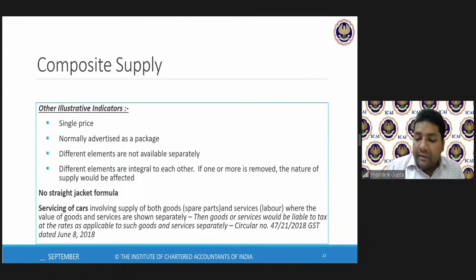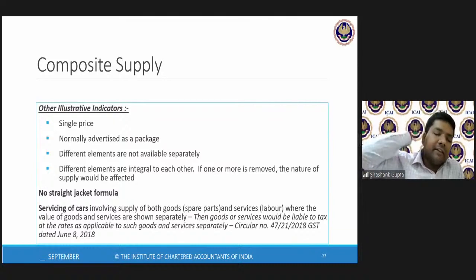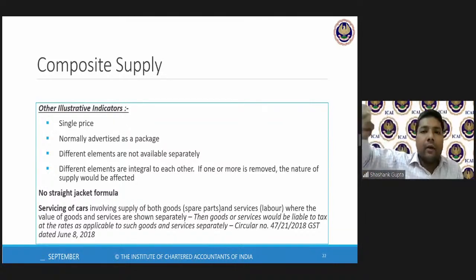Now, when you send this car for servicing, they'll change the engine oil, they'll refill the brake oil, they'll change the coolant, they'll do some general checking, and they'll give you a bill which says this much for engine oil, this much for brake oil, this much for coolant, this much is service charge.